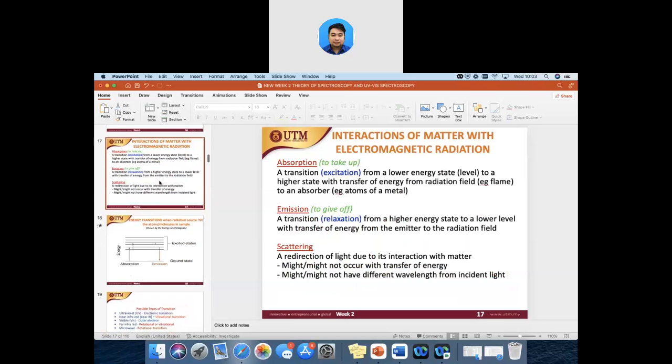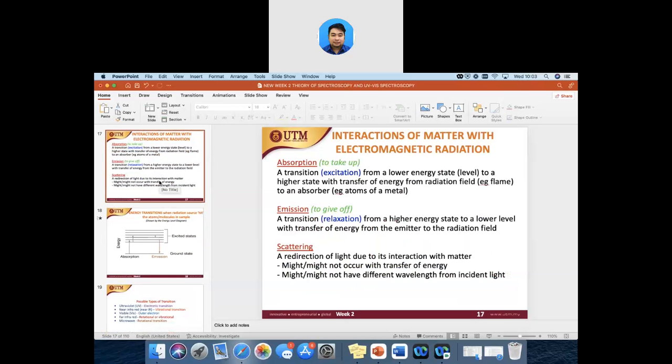Now we are going to look at the type of interaction. What does spectroscopy mean? Spectroscopy is the interaction of matter, which in this case is your analyte, with electromagnetic radiation. We have looked at the properties of electromagnetic radiation.